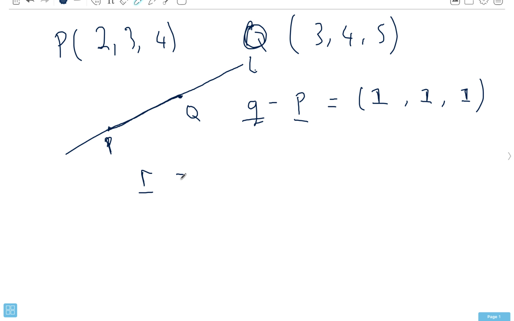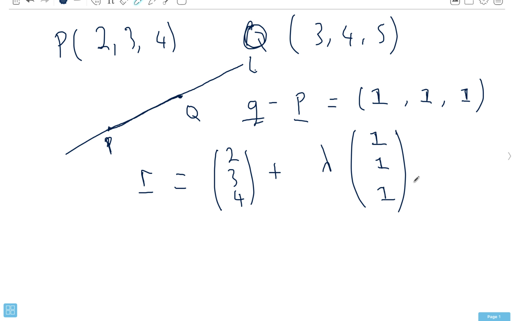And if you remember the equation of the line, r is equal to some point of the line, so I can use either (3, 4, 5) or (2, 3, 4), plus lambda multiplied by the direction, which is (1, 1, 1). And then we can convert it into Cartesian equations if we want by just changing r to be x, y, z, and so on.